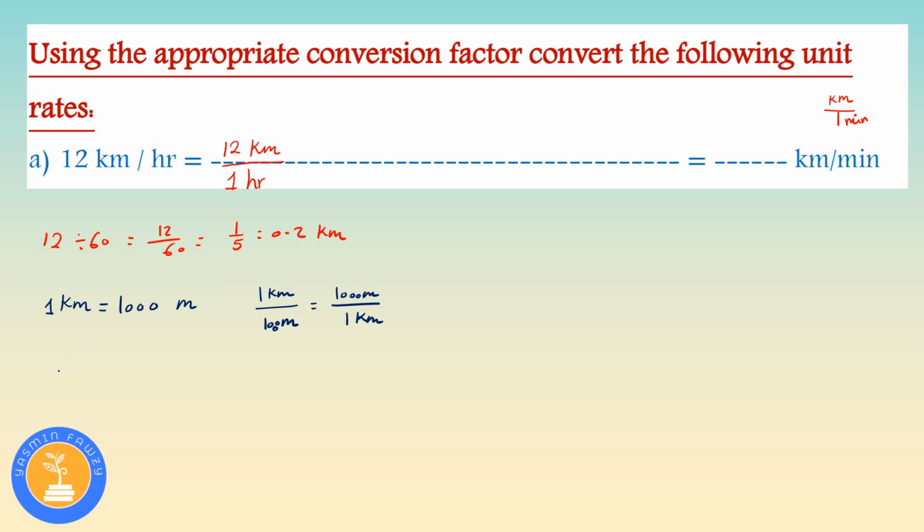I have another relation just like hour and minute, okay? What is the relation between hour and minute? All of us know that 1 hour equals 60 minutes. So I can write it as 1 hour over 60 minutes, like this. Or I can write it as 60 minutes over 1 hour.